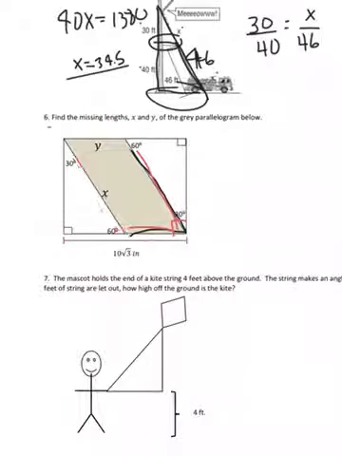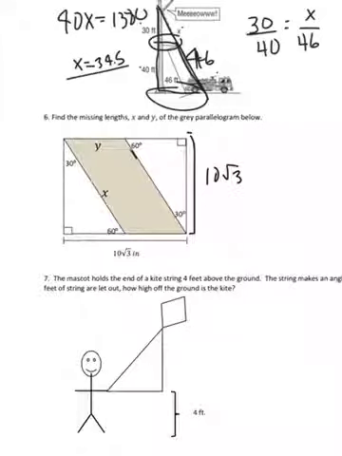So let me kind of erase all the things I drew to set this up. The key to that, though, is that means that this is going to be 10 square root of 3. Now, in the 30, 60, 90 right triangle, you have x, 2x, x square root of 3.